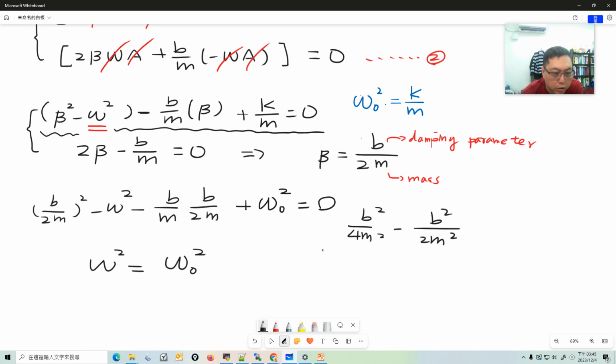So it actually is minus 1 over 4 m squared b squared.